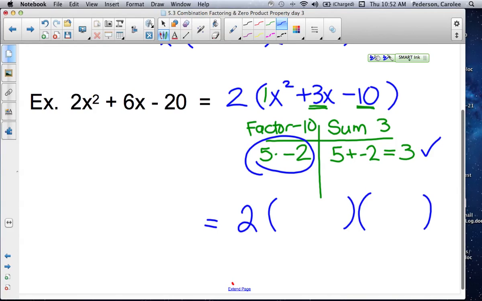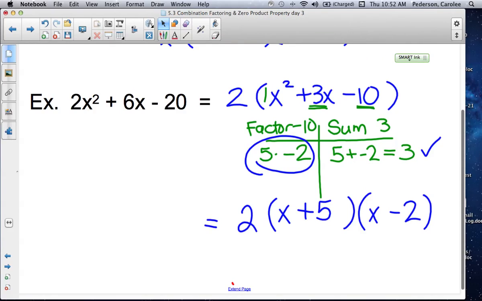So when I factor the trinomial, remember I split up the x's, so x and x, and then a positive 5 and a negative 2 comes from my T-chart. Positive 5, negative 2. If I wanted to check these answers, remember I could FOIL them back out, multiply them back out to standard form to see that I get the original trinomial back.